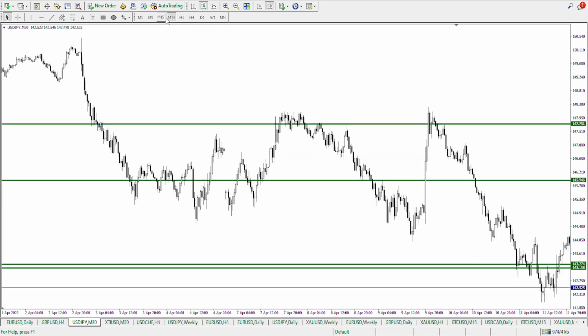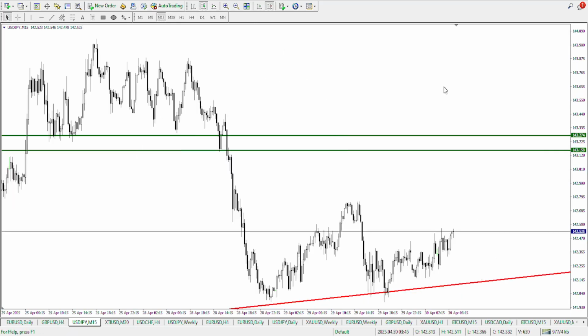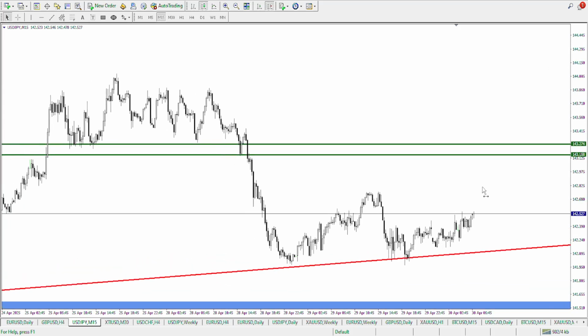Now if we look further, this is a very nice zone, and even this Fibonacci ABCD pattern, let's see where it is pointing. This Fibonacci is pointing towards right here.